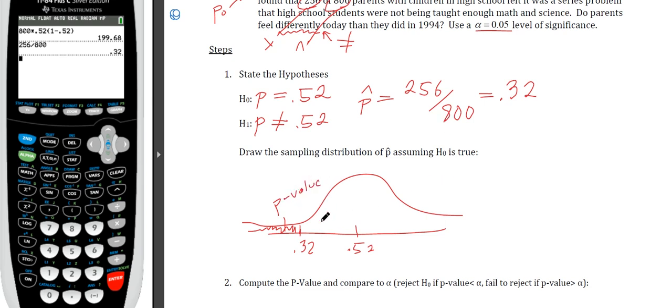Since we're doing a two-tailed test, what we're actually showing is we're finding a value that is below it here and a value that is above it here, and seeing what the area in the tails is going to be. The area in the tails here should add up to alpha. So we really want to see if the p-value is past that, or if 0.32 is past the cutoffs for that tail. So more or less 95% should be in the middle here.